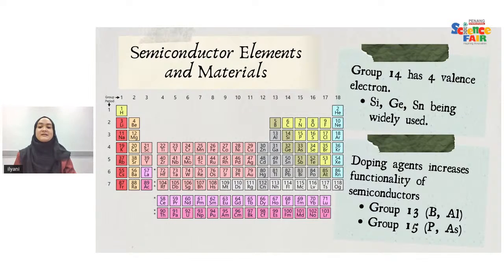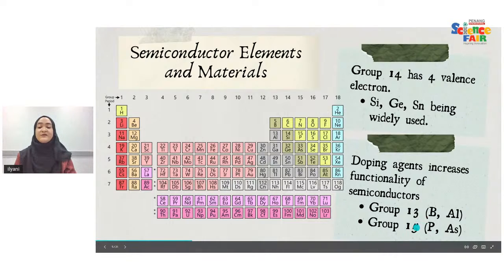Of course, having group 14 alone is not efficient enough. So scientists came up with adding extra holes or extra electrons, which increases the performance of the semiconductor itself. That is what we call a doping agent. For the doping agent, we use group 13 and also group 15 elements.